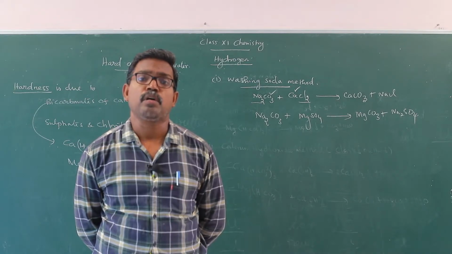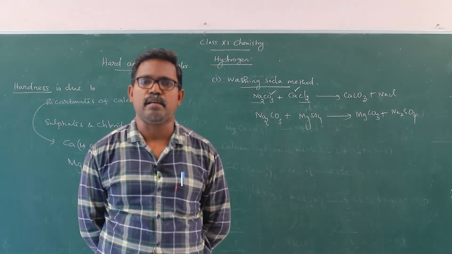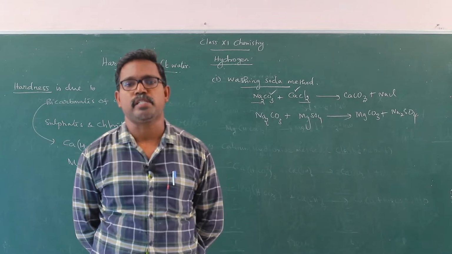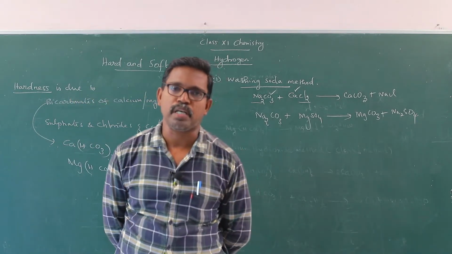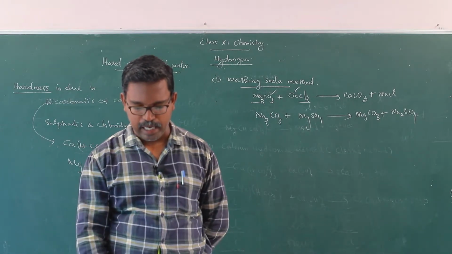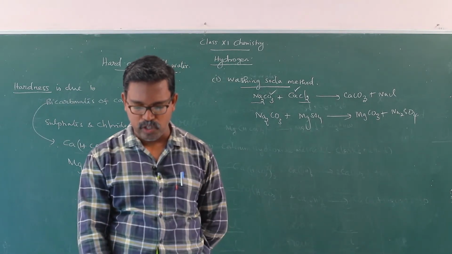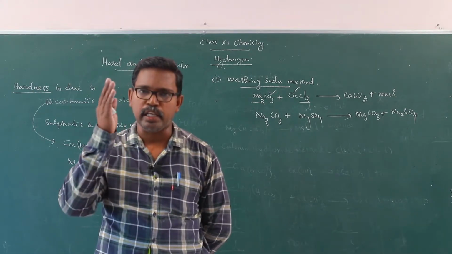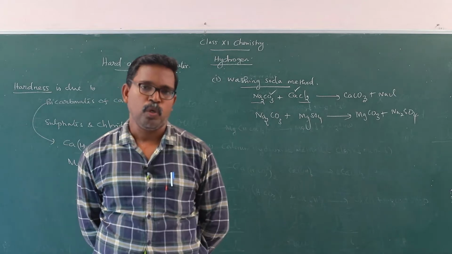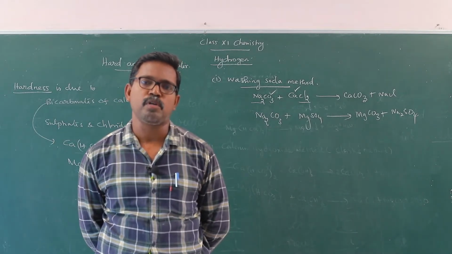We already know hard water contains cations, the calcium and magnesium. Calcium and magnesium are mostly present in the hard water. When we treat with the Calgon, it gives the complex soluble salt, and the sodium ion gets free.